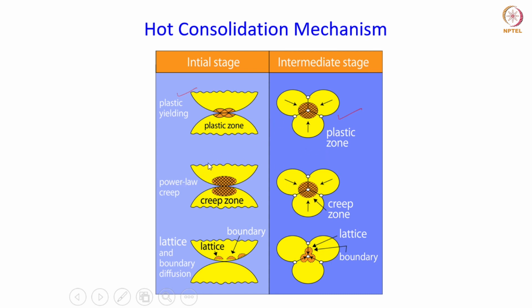Otherwise, when the stresses are on the lower side, it's a combination of the diffusional flow and the applied stress, which leads to a creep type of densification process. The diffusion which occurs can be through either the lattice or the grain boundary. Depending on that, a particular mechanism of creep will be operative during the densification process.